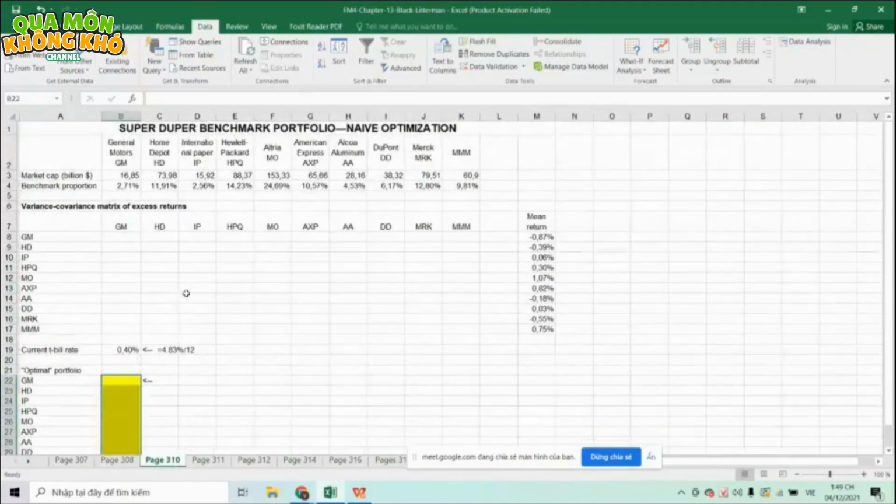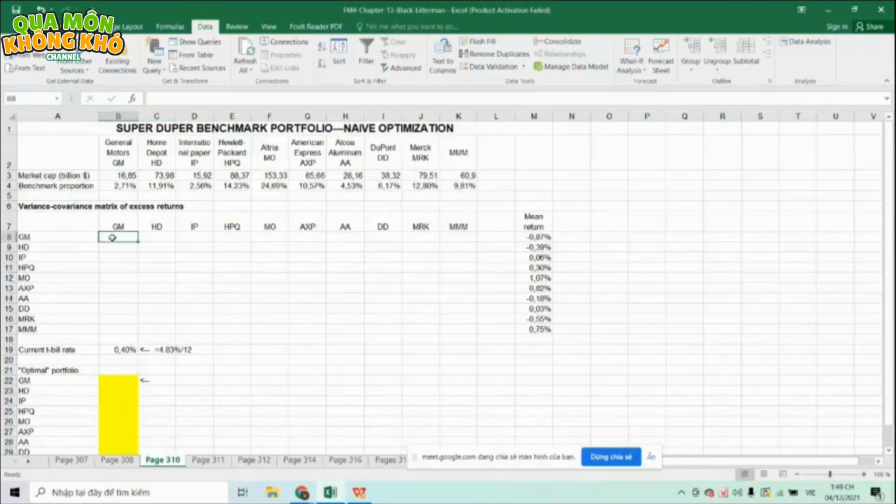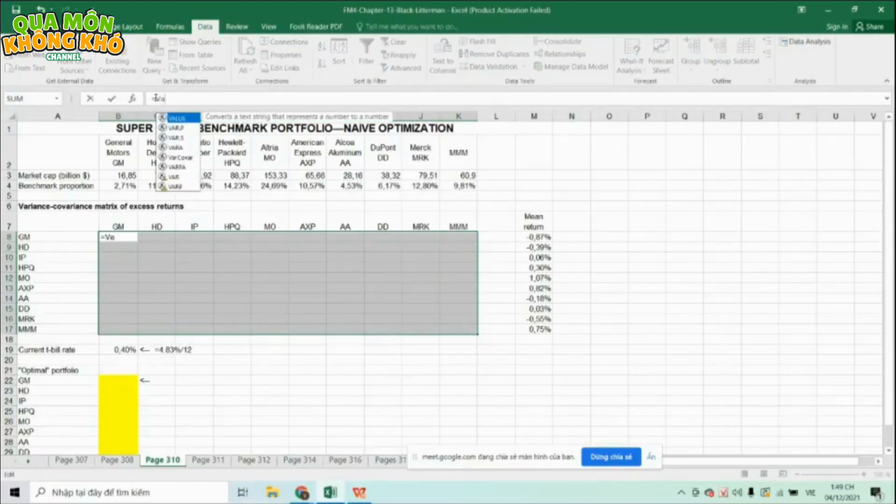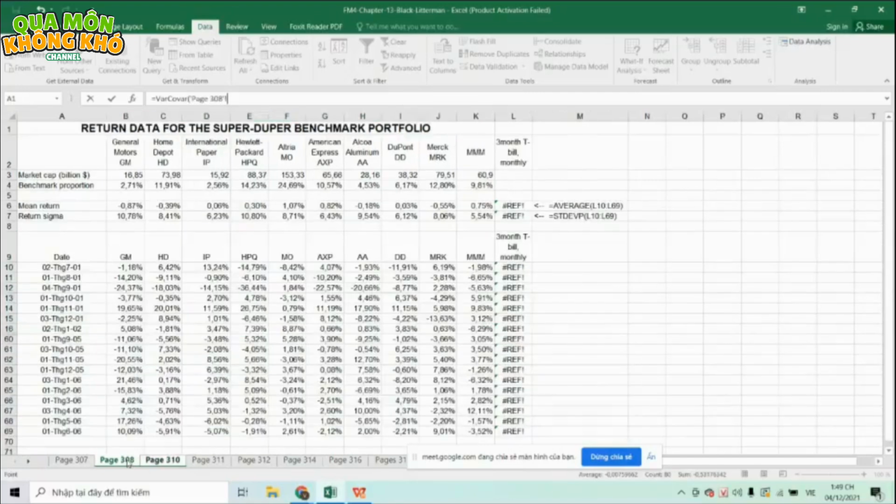And at the next page, we will calculate the variance and covariance matrix of excess return. And we will take the range. Then we use the function var covar here. And we will take the data from the previous page.